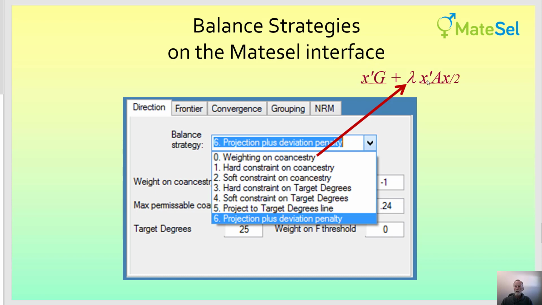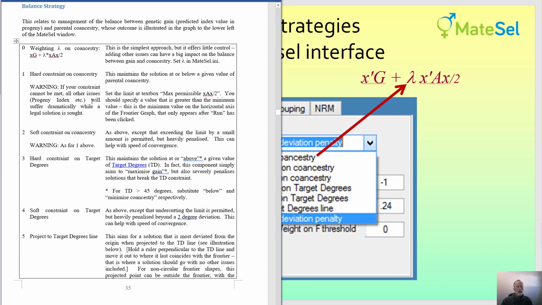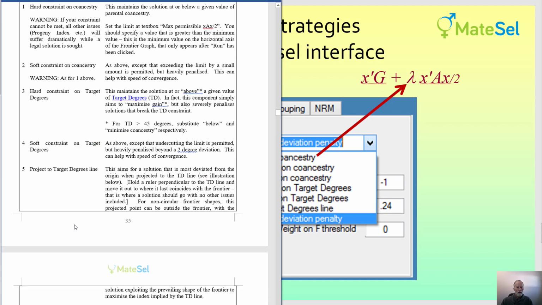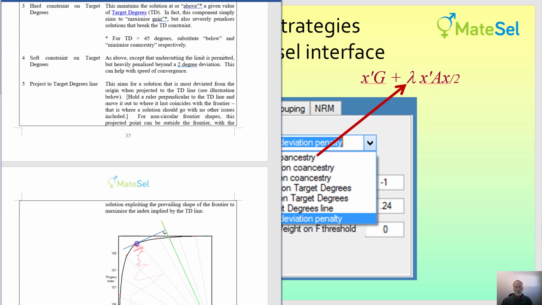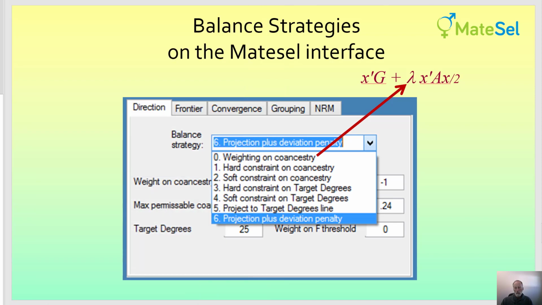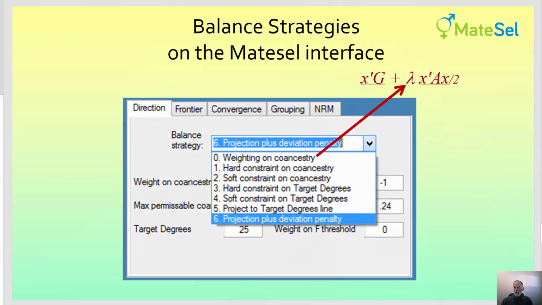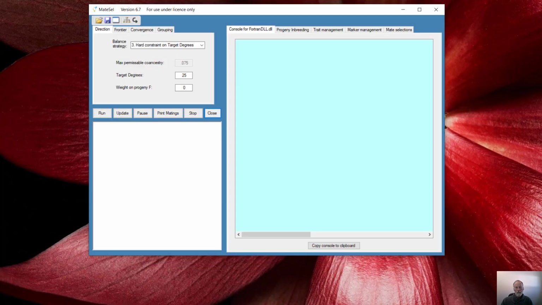And that gives you very little control over the pattern of compromise you get when you bring in other issues, and it's not functionally useful, but it is there for test comparison purposes. And you will see that formula again in the manual with a description of all the other balance strategies available there. So let's now move on to run Matesel.